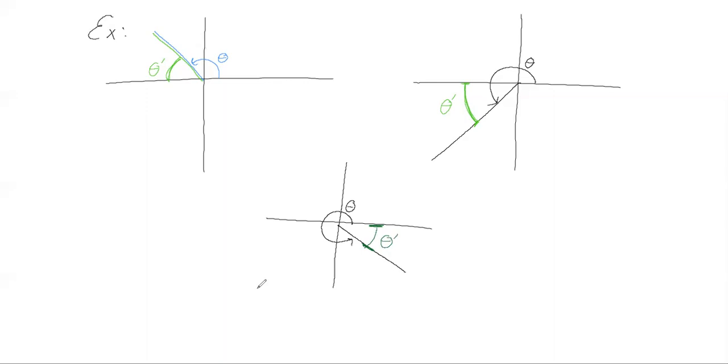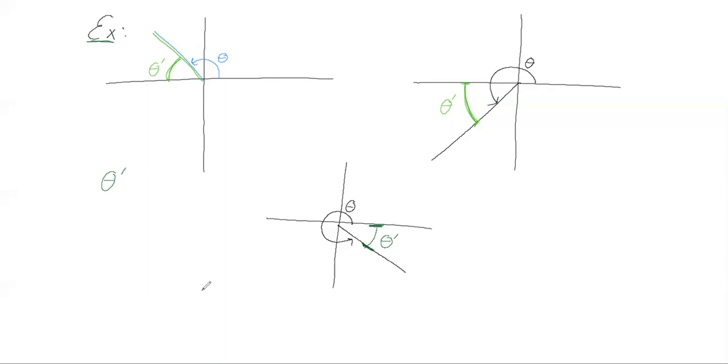Now let's think about how we find this angle, this theta prime, this reference angle. Let's say that we want to find theta prime for this example right here. How do we do so? Let's look at it in radians first.